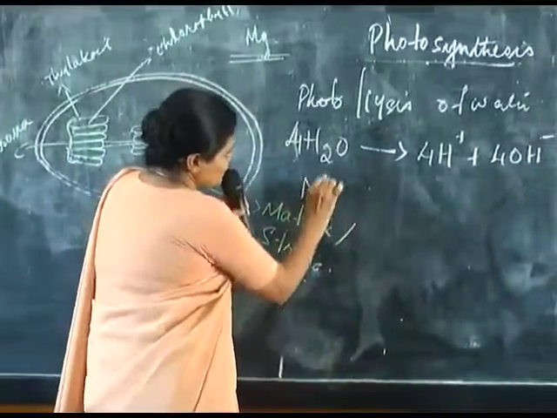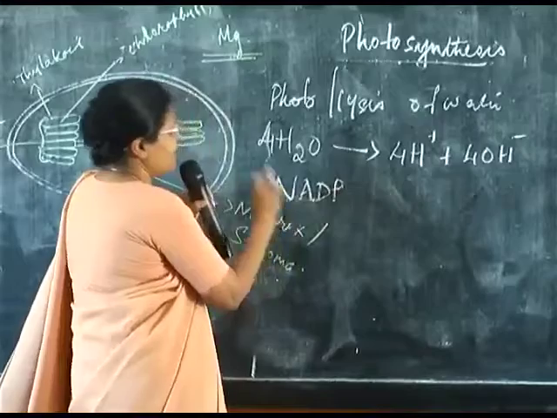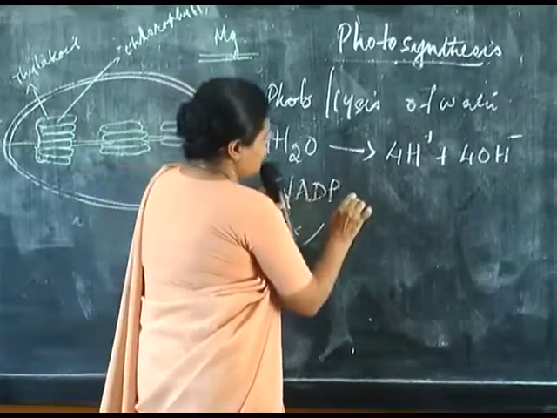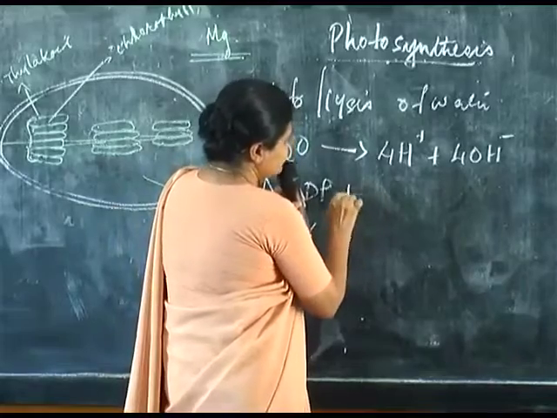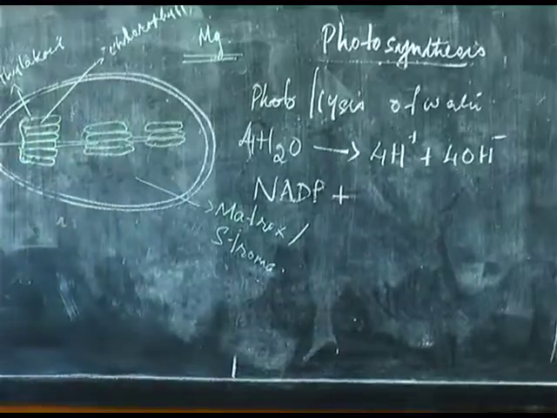I told you in the chloroplast you have a molecule called NADP, that is nicotinamide adenine dinucleotide phosphate, which combines with, okay. Now before that, let me tell you what happens to this hydroxyl ion.